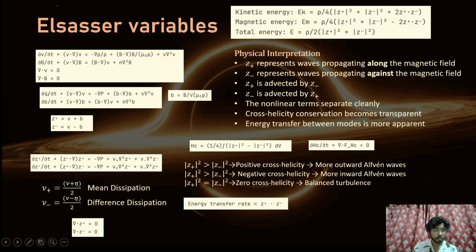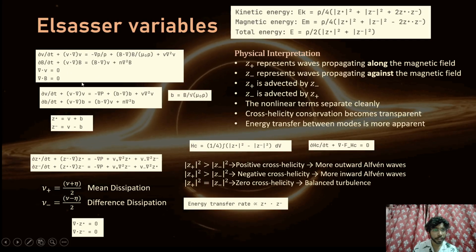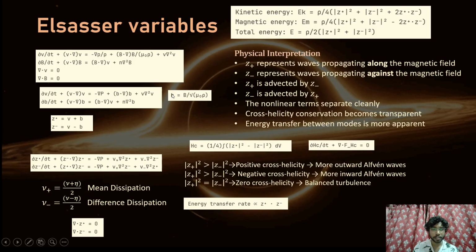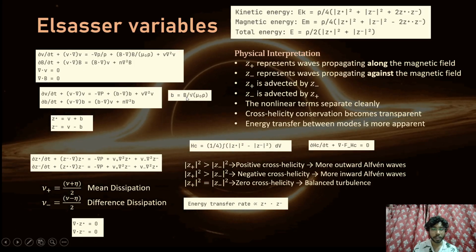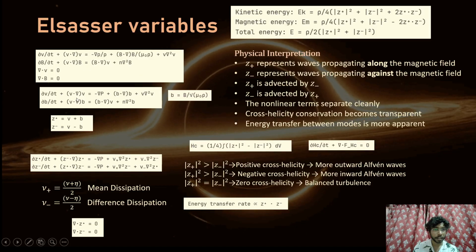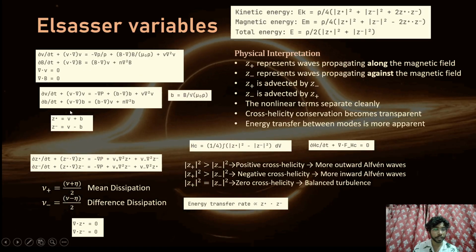So now we'll write this equation like this. This is just a change of variables from capital B to small b. And we can write these two equations like this.